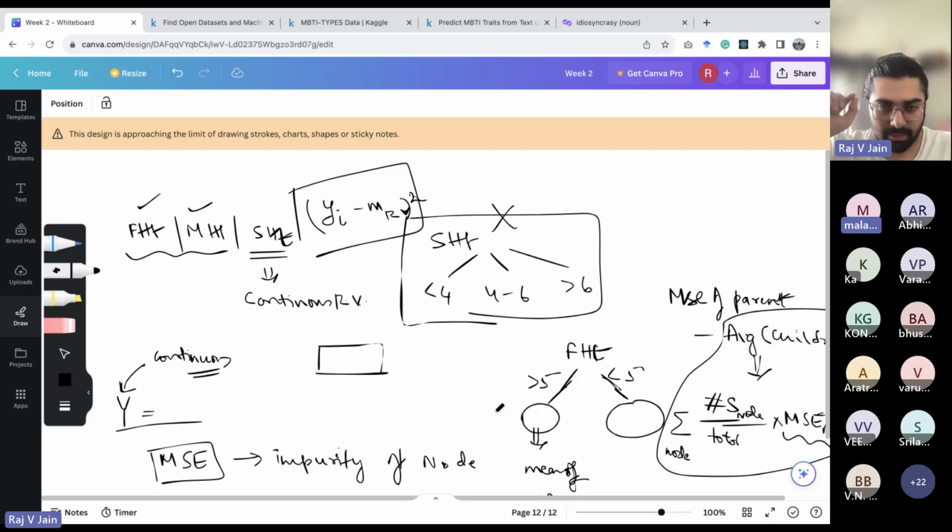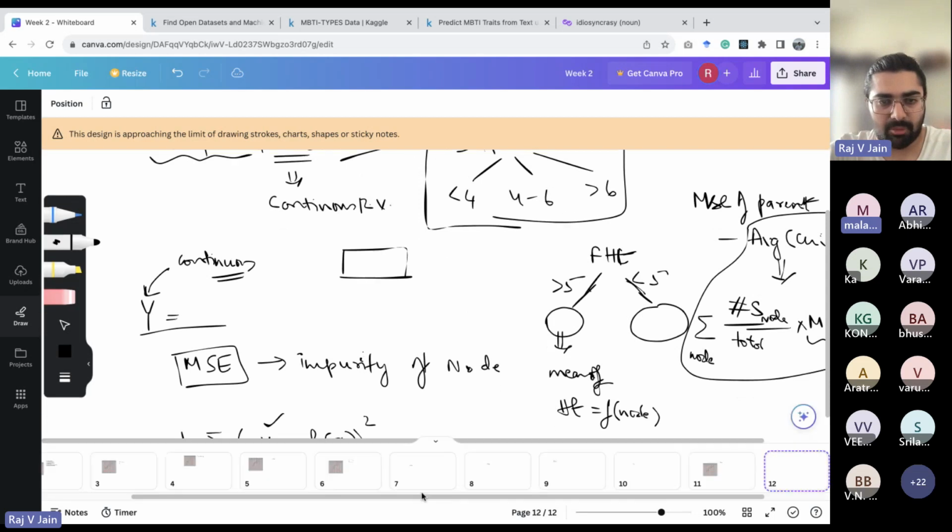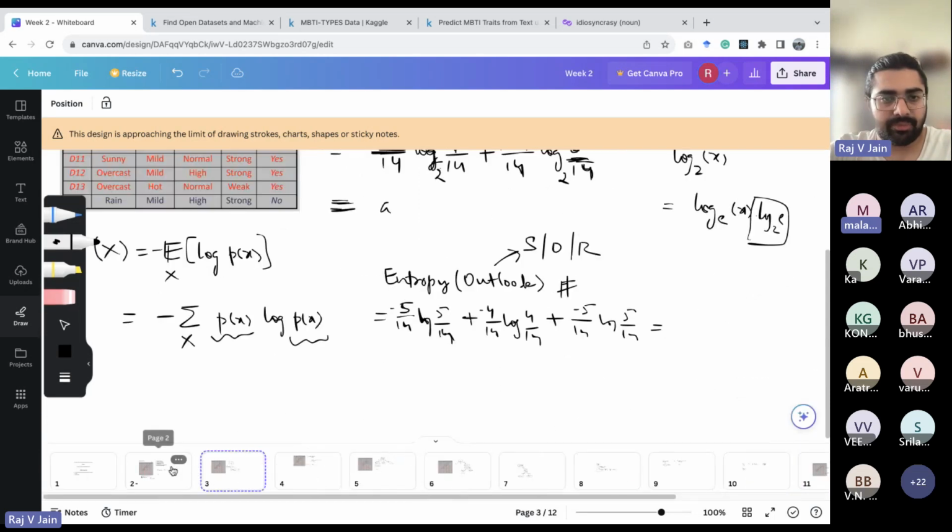If you change the base, the entropy value will also change, and the max value will also change. We just discussed this formula here, sigma p(x) log p(x). Now, if I have log base 2, the maximum value will depend on that base. And if I use log base c, again the max value will depend on that particular base.